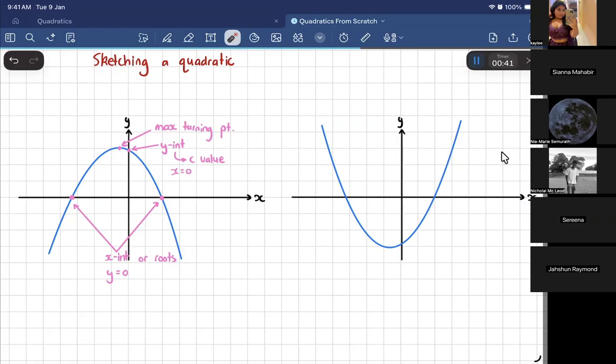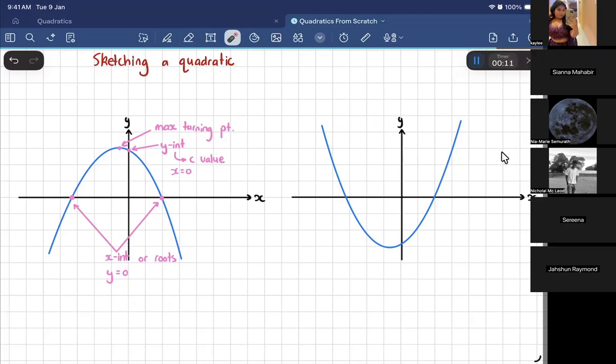Another thing: the minimum point is not h comma k, it's minus h comma k. If you look it up on Google, you'll see the vertex form. That's what the Americans use, but the standard for CSEC is different. We learn it as minus h comma k. Oh, okay.